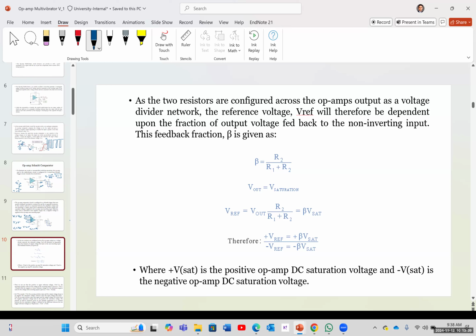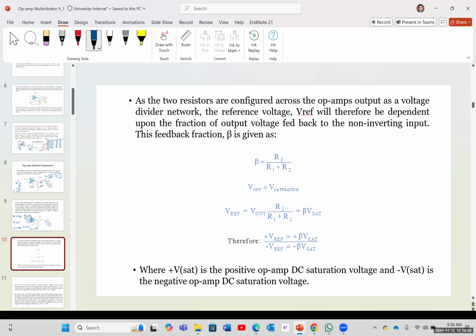We can use the following equation for finding V reference. V reference, again, we're using a voltage divider. The V reference will depend upon the fraction of the output voltage fed back to the non-inverting input. These feedback fractions, beta, is given as R2 over R1 plus R2.